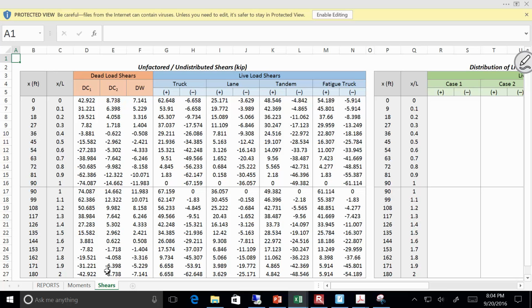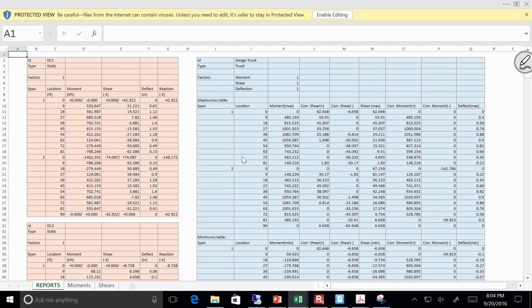Where did I get these values? I generated a bunch of reports out of LEAP Consist and copied and pasted the numbers into the table. It used influence line analysis, truck placement, and load times influence line value, and just kept going through that.